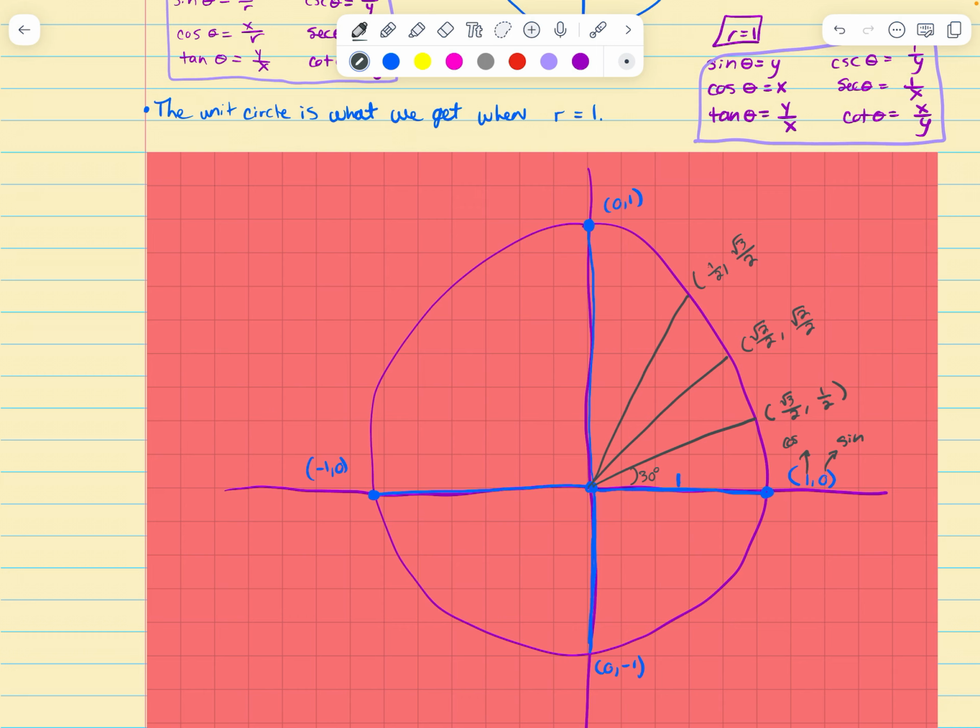But what does this mean? Remember, we said it here. Cosine theta is x. So no matter what theta is, cosine is x. So here's cosine, cosine, cosine, cosine, and then here is sine, sine, sine, sine.